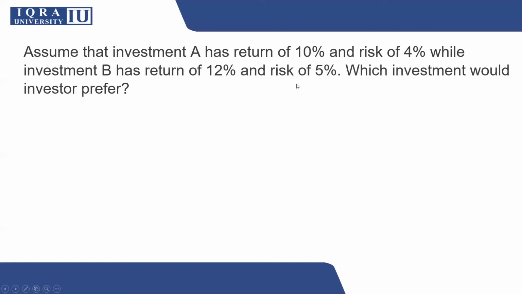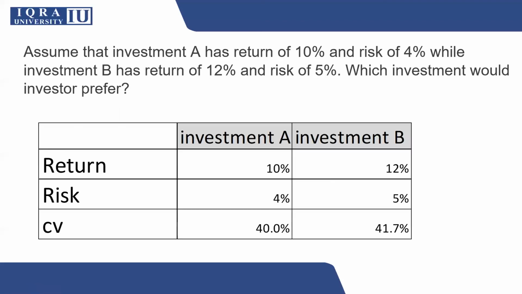In this situation, as you have already done in the coefficient of variation concept, rather than directly taking the decision, we will convert both the information into coefficient of variation. So in case of coefficient of variation of investment A, we have a 40% risk on 1 unit of return. And in case of investment in B, we have 41.7% of risk compared to return of 1%.